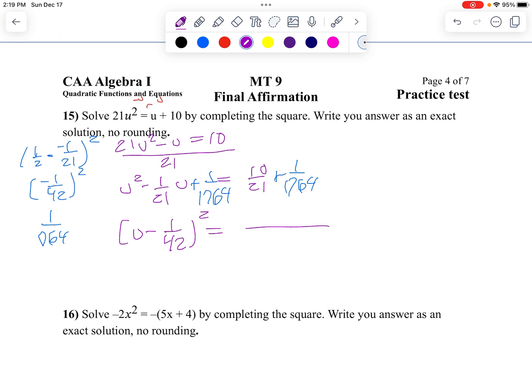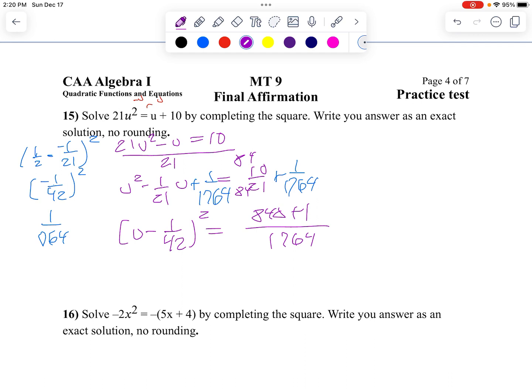21 goes into 1764 84 times. So I'm going to rewrite this as 1764. I'll take 84 over 84 for my fraction. So I'm going to get 840 plus 1 all over my common denominator of 1764.